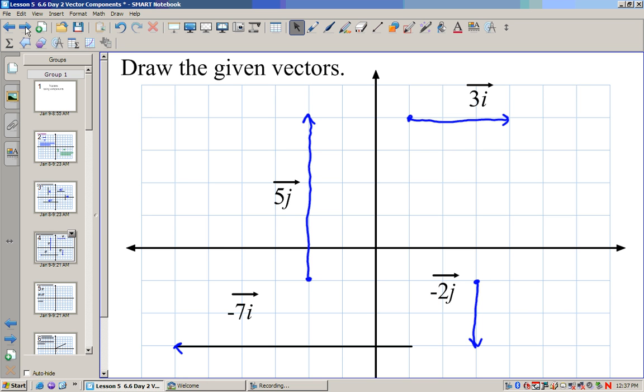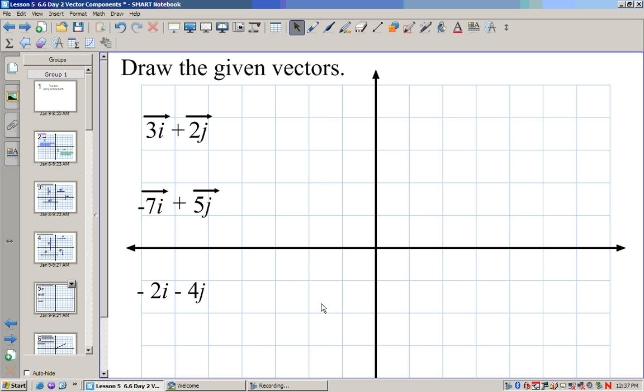Alright. Hopefully we understand how these I's and J's work. So if I wanted to add them together, 3I plus 2J, what that means is I go 3 to the right and 2 up. So I started here and I ended there.